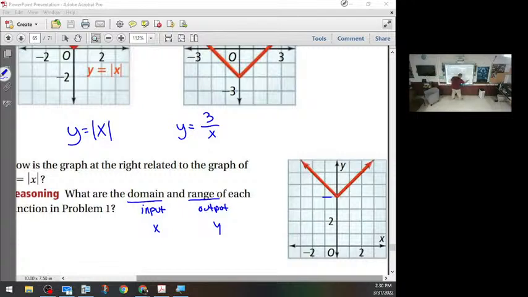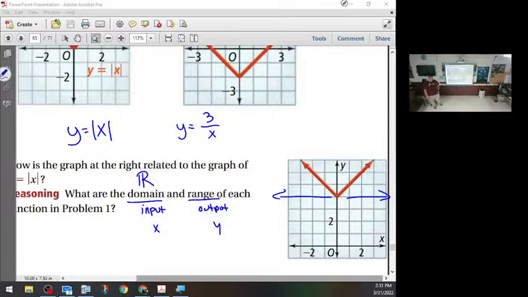My x's go all the way to the left and all the way to the right. So everybody is allowed to this party. My domain is going to be all real numbers. You remember that symbol? It's kind of like a blurry double R. All real numbers are allowed to this party because all of the x's exist.